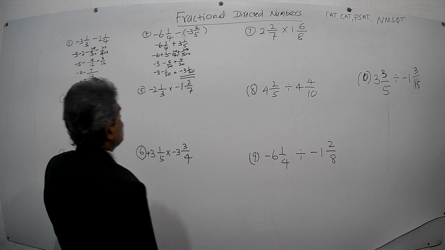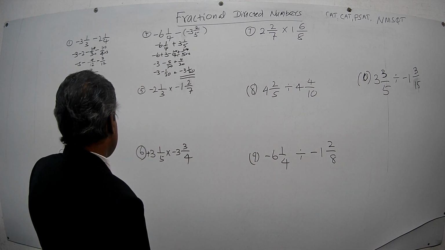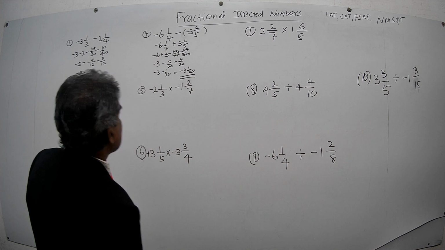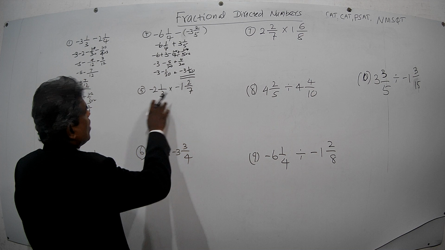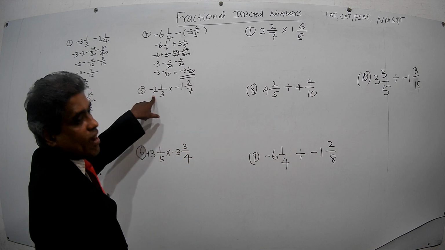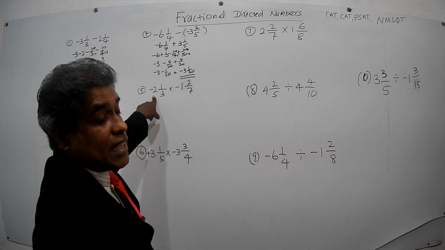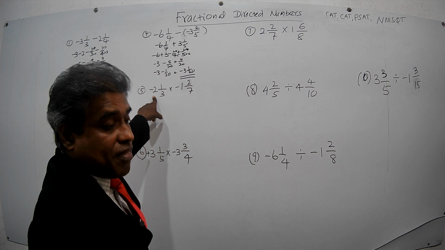Now go to the fifth question. From the fifth question, several questions are multiplication: 5, 6, 7, right? Multiplication of fractions. In multiplication of fractions, if there are mixed fractions, we necessarily have to turn them into improper fractions.